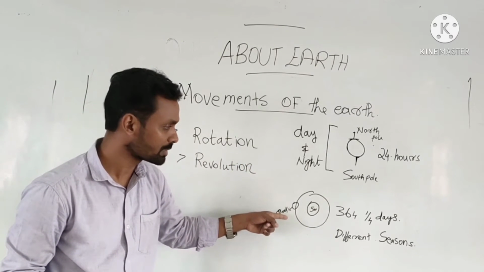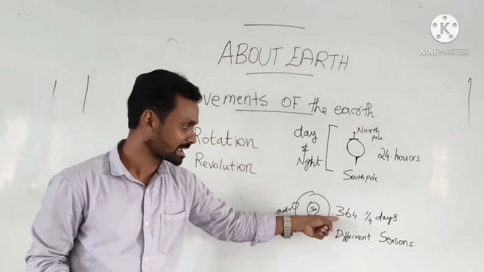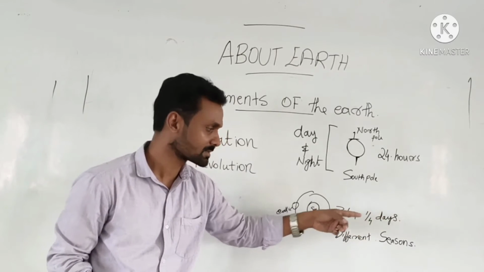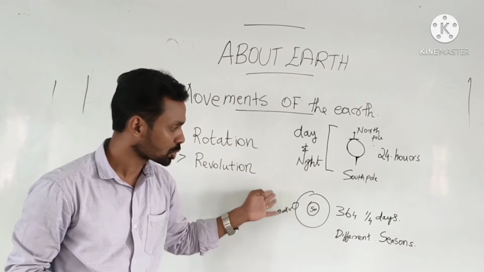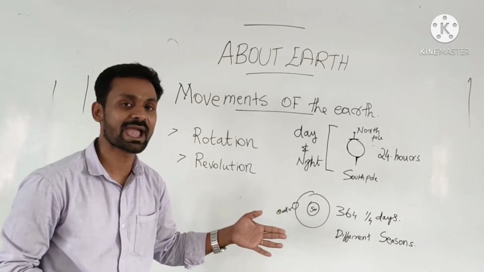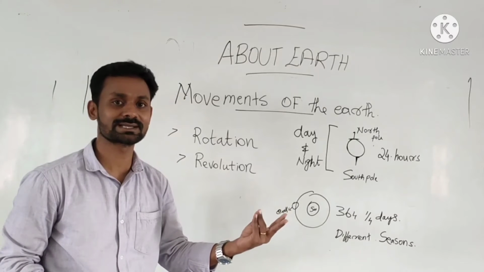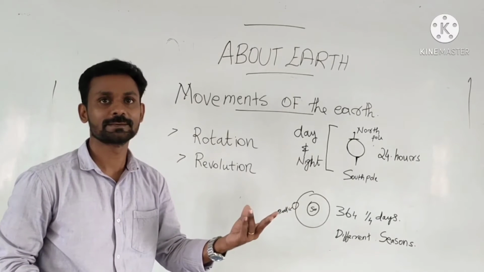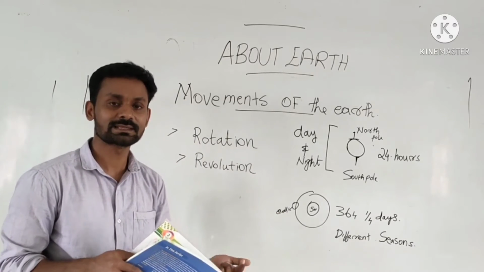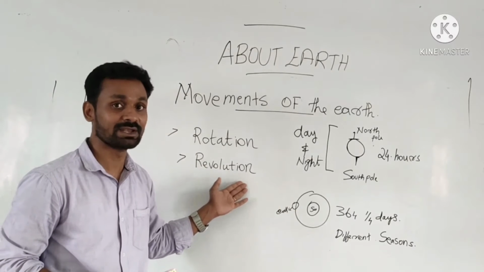How many days does it take? The Earth takes 365 1/4 days to go around the sun. That is why we have different seasons: rainy season, summer season, and what other seasons are there? Winter season. Like that, we get different seasons because of the revolution.